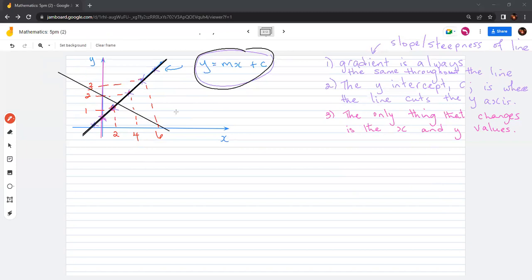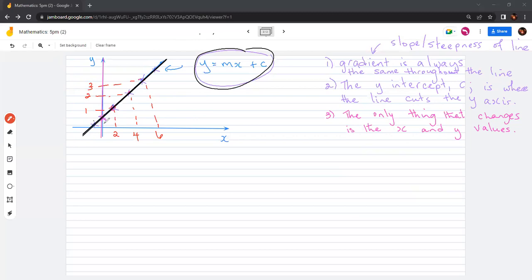So your line could vary with respect to its gradient. Now, no matter where I go on my line, my gradient is always the same.